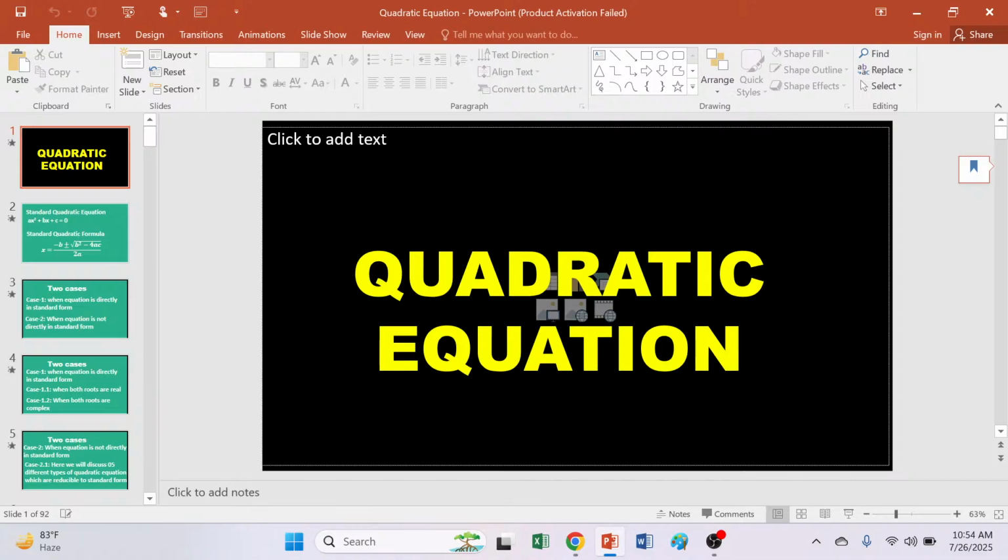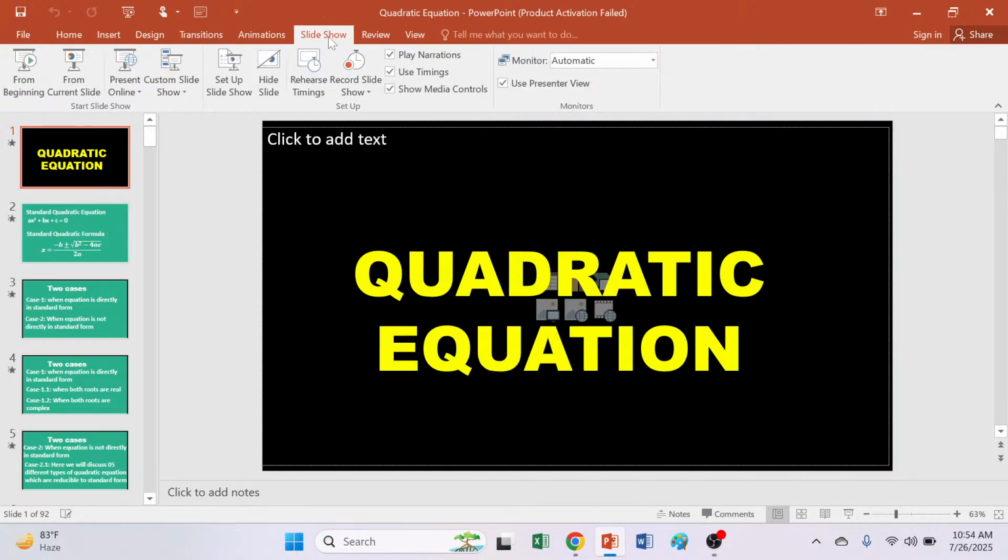We also welcome all participants, and today we will study quadratic equations and the solution of different types of quadratic equations. So let's start our topic.